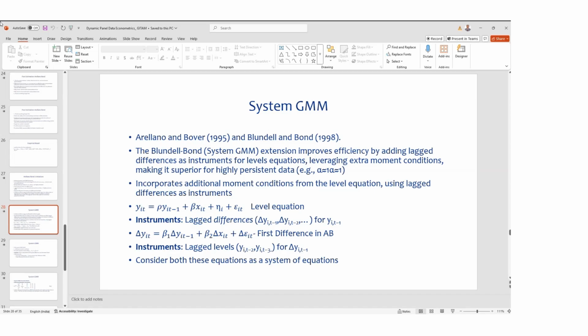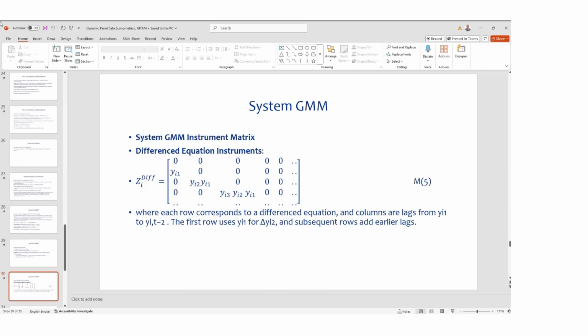We are going to add this into the picture, this also into the IV, right? And you are going to create one single instrumental variable. How does it look like? This is the way we are going to construct it for the difference equation. This is your instrumental variable. You're familiar with this one, right?